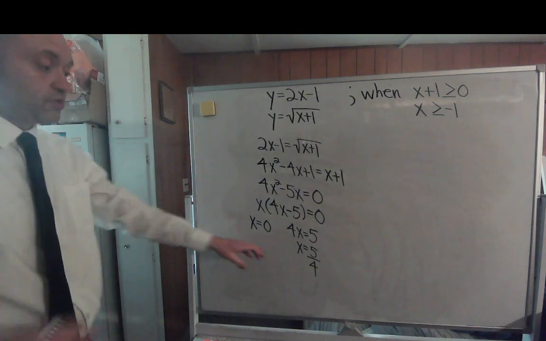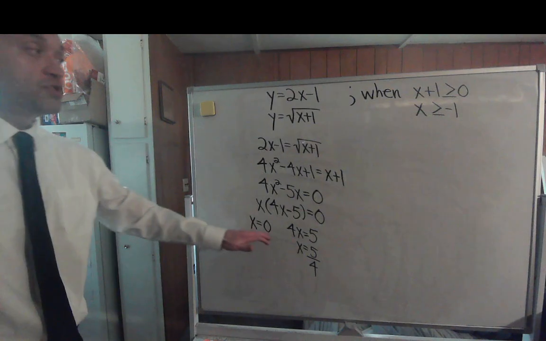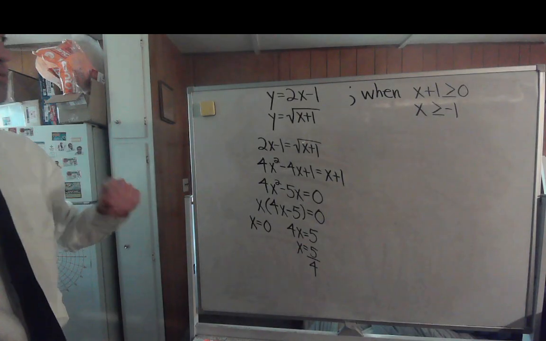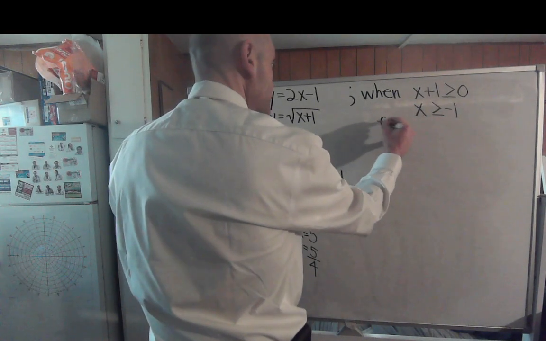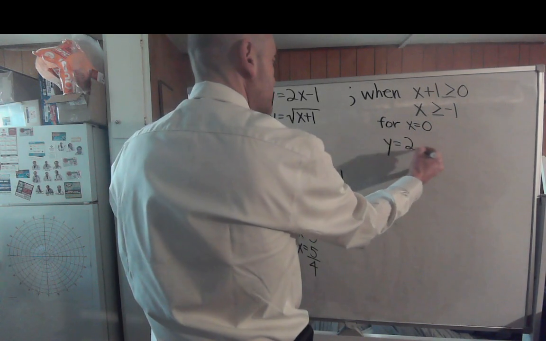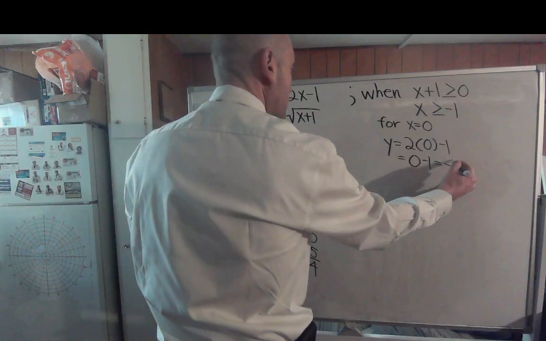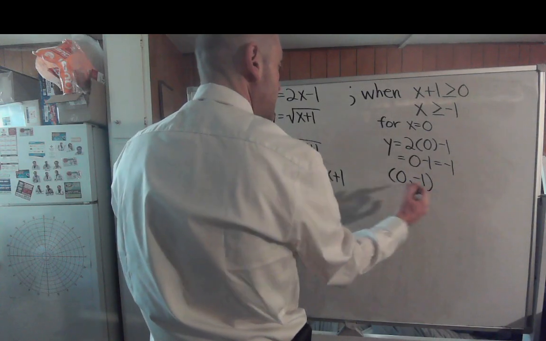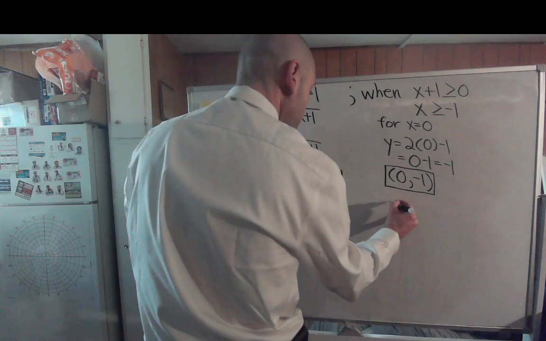Both of these solutions are within your domain of greater than or equal to -1, so since we have two x solutions, we should have two y solutions. Pick an equation, stick these into. Let's go for x equals 0. So y would equal 2 times 0 minus 1, or -1. So the first ordered pair is 0, -1. We also have to consider when x equals 5/4.